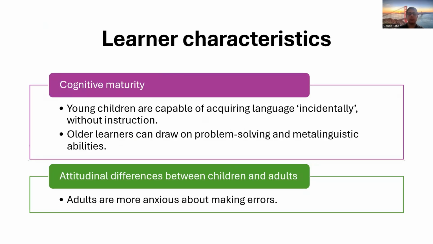So, first language acquisition and second language acquisition have a lot in common, but they also have their own peculiar aspects. One of the aspects, if you look at the differences that we have for each type of learner in the two processes, for example, when it comes to cognitive maturity, young children are capable of acquiring language incidentally without instruction.